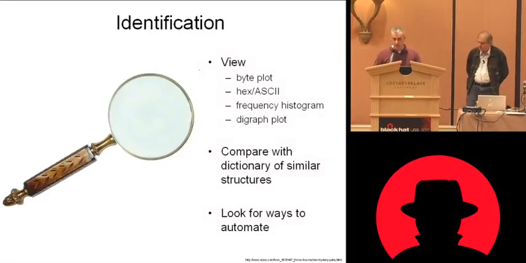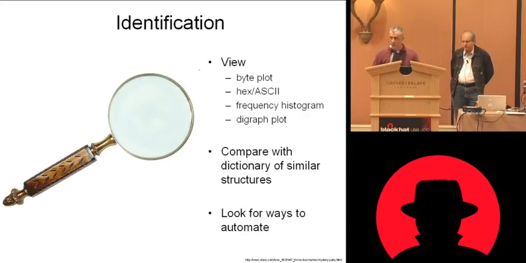And the general approach we suggest in trying to identify these things, alluding to identifying the chimera, is the byte plot view, which we showed, obviously looking at hex and ASCII. We also present two others: looking at a frequency histogram of the bytes and of the digraphs, the two-letter, two-value sequences appearing in the file, and then comparing those to a dictionary of other similar structures.